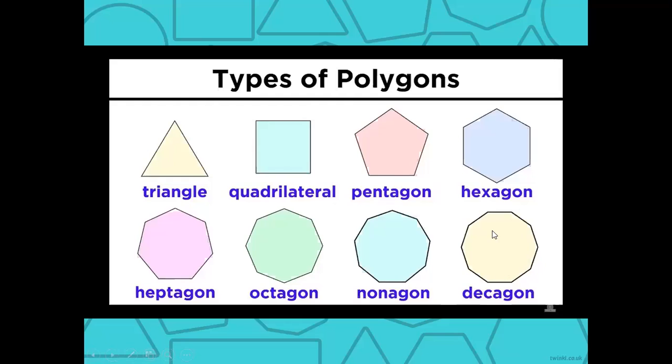Decagon, 10. Okay, let's run from the first polygon, which is triangle. Remember, you can't use 2 straight lines to form a closed shape. I mean, they can't come together. So the basic polygon is usually the triangle, 3 sides, 3 straight sides.